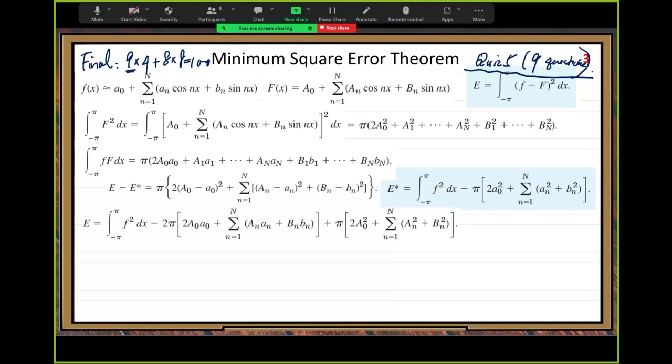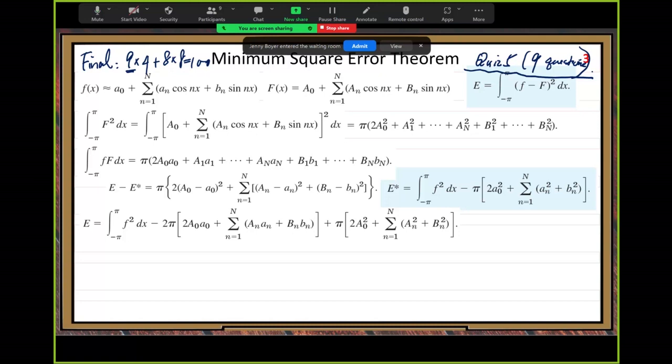To see that, we take the subtraction E minus E star. When you do the subtraction, the little f squared term, the first integral, is gone. Then for the remaining terms, you can make complete squares like that.